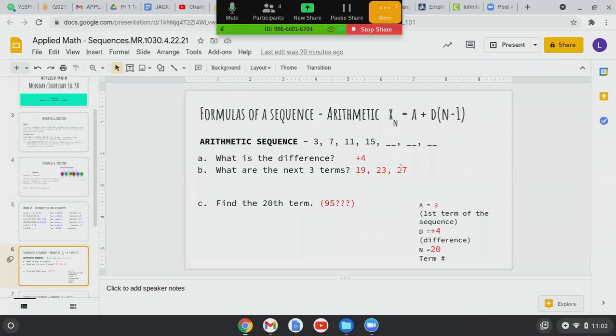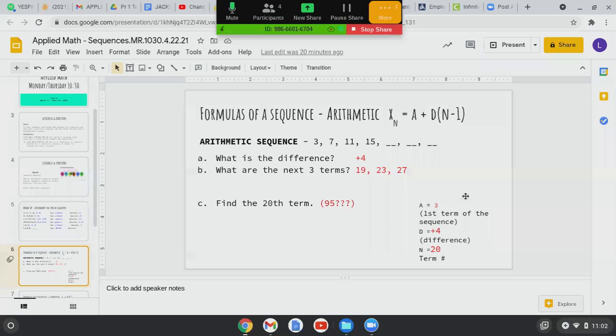We have 7 terms. We want to know the 20th term. So the question in the other class I posed was, do you continue adding 4 for 13 more times, or would it be easier to use the formula?